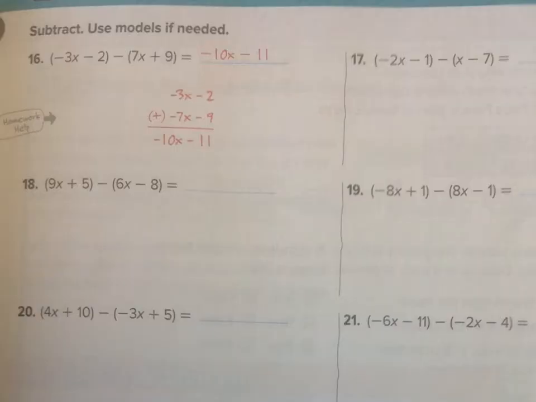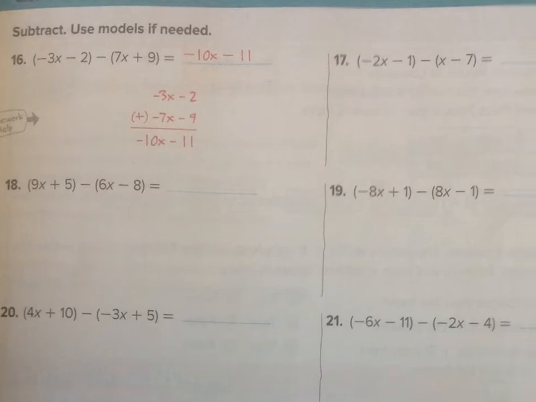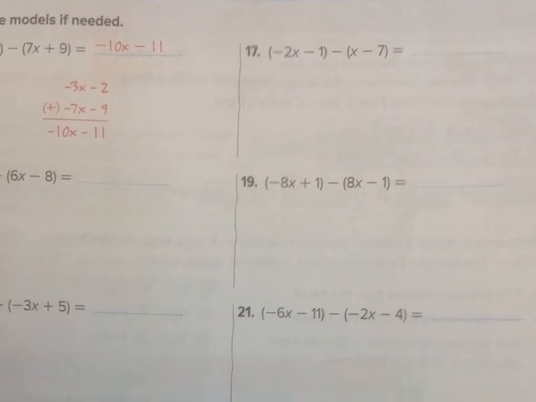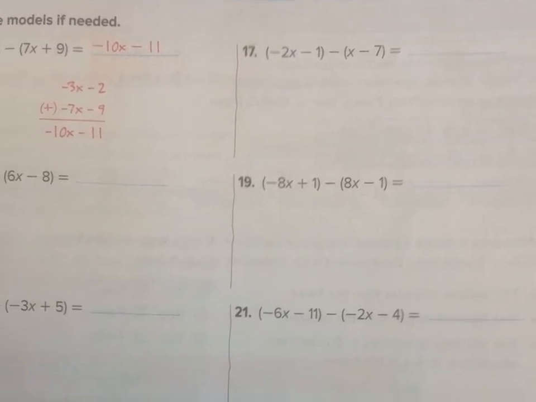As you can see, number 16 is already done for you in the book, but if you've been following this solving method, then I will follow that with you. So when you take a negative 2x minus 1 plus a negative x, and then when you subtract a negative, you get a positive, and so that would be plus 7.